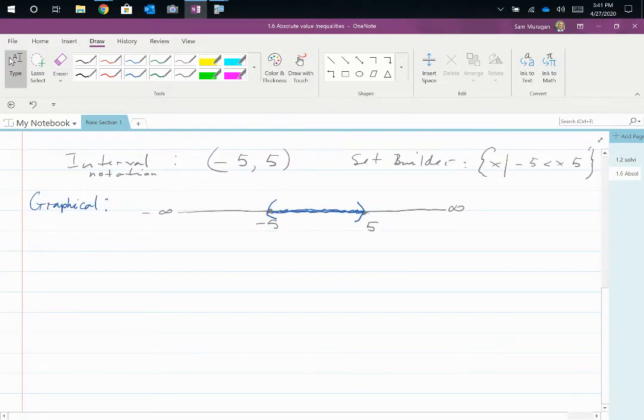If perhaps the problem involves less than or equal to, such as absolute value of 6x less than or equal to 36, so this would be negative 36 less than or equal to 6x less than or equal to positive 36. Divide everything by 6.